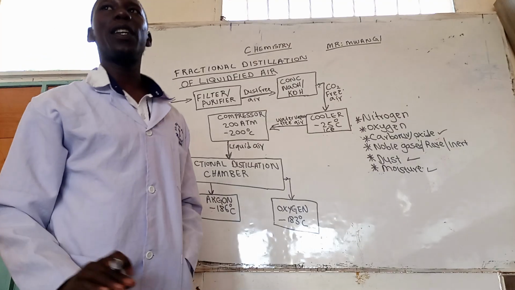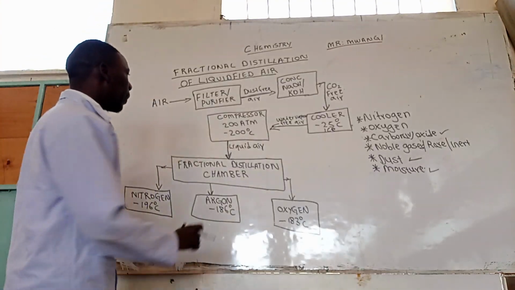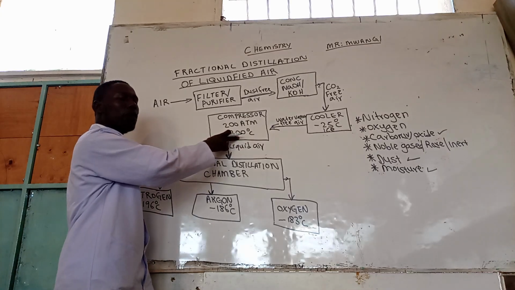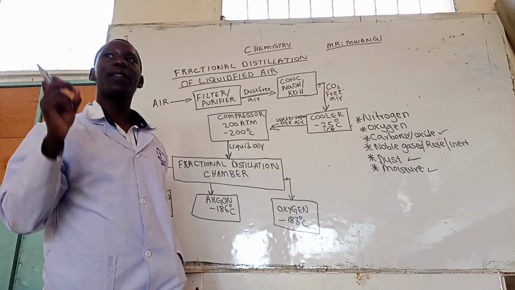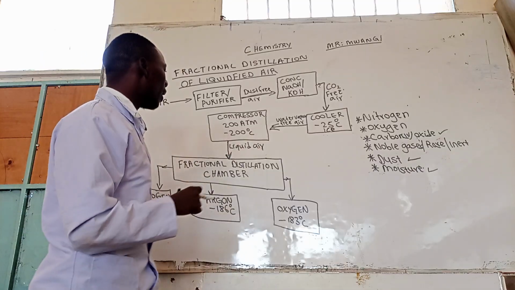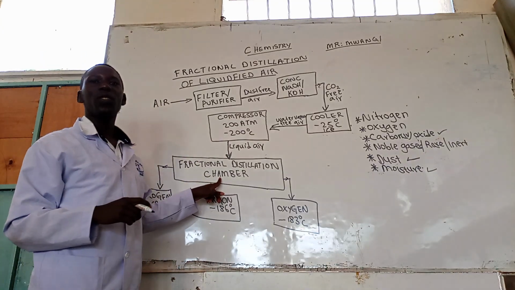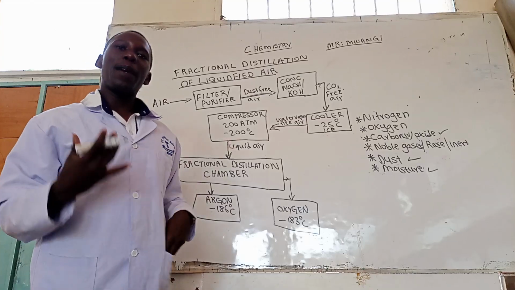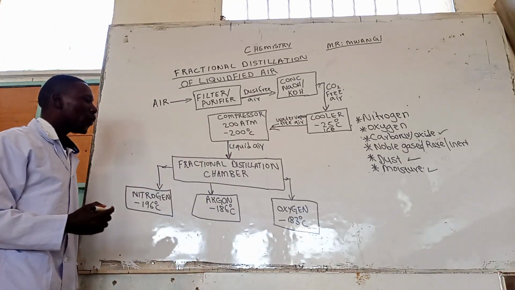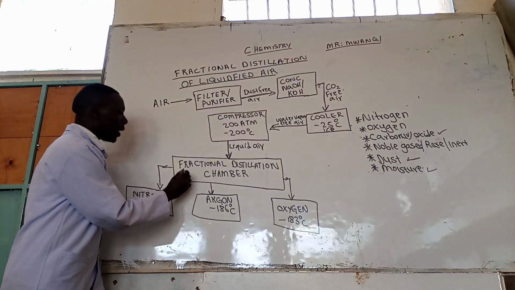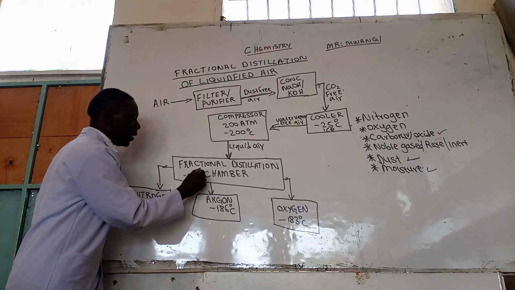Here at the fractional distillation chamber, remember the gases are coming out from the compressor at negative 200 degrees. So the gases are very cold. At the fractional distillation chamber, temperature is added slowly by slowly. Remember we are at negative 200 degrees.